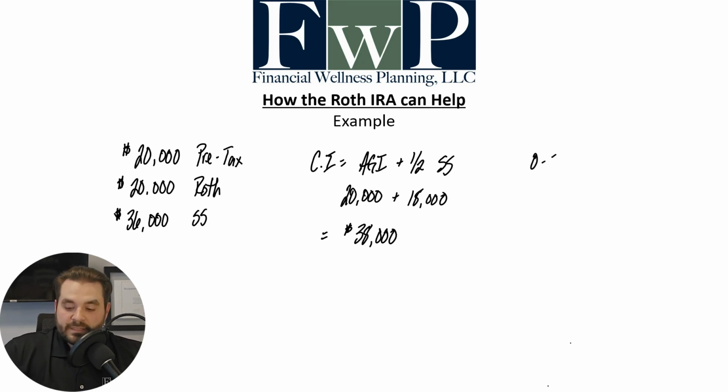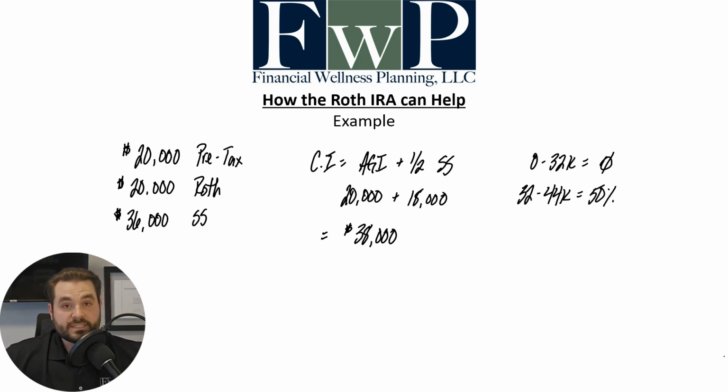Any of their combined income from $0 to $32,000, none of that counts towards their taxable Social Security benefit. The amount of their combined income that falls between $32,000 and $44,000, 50% of that counts as taxable Social Security, and then anything over $44,000, 85% of that amount will count.